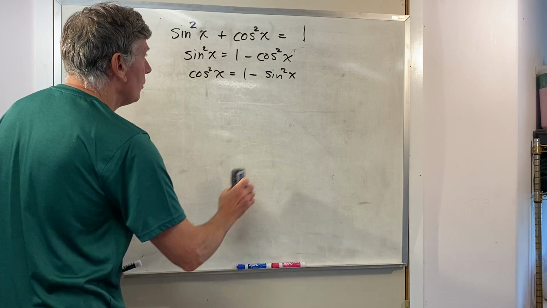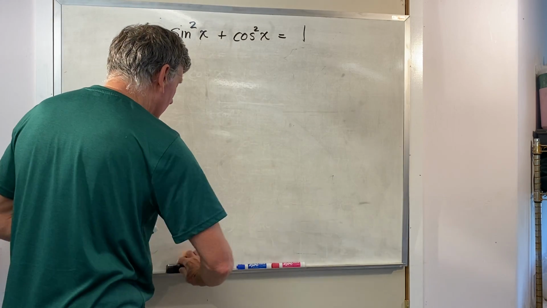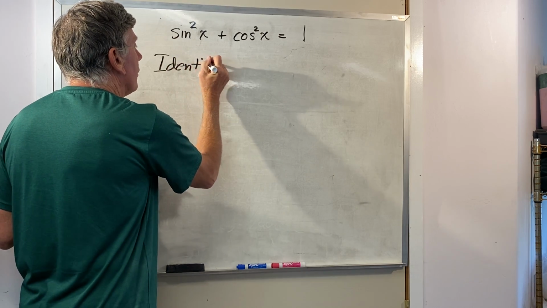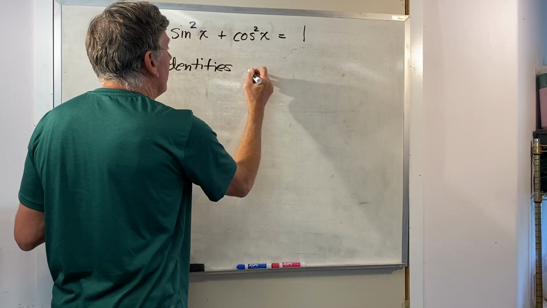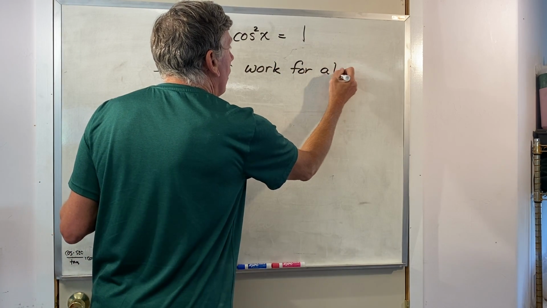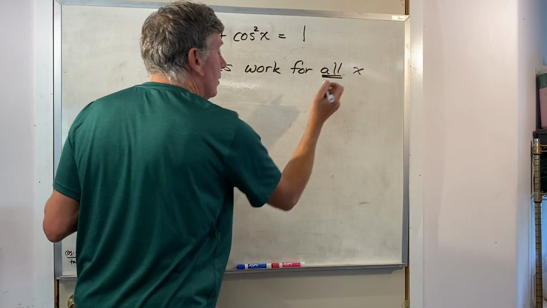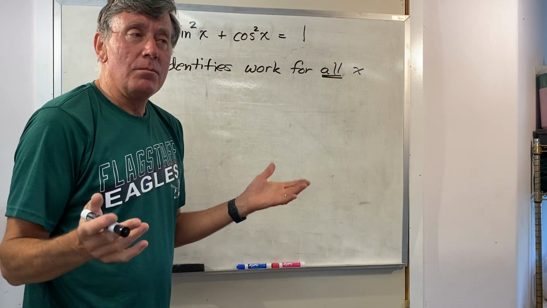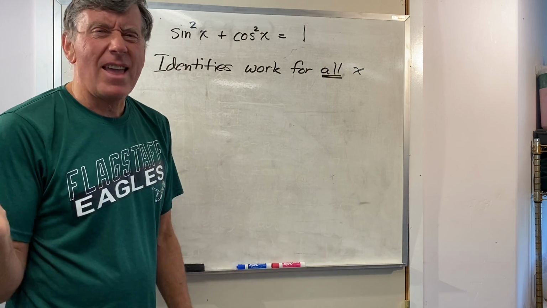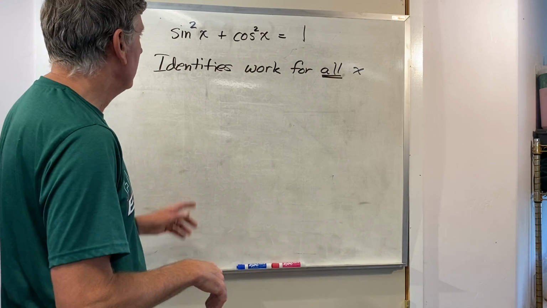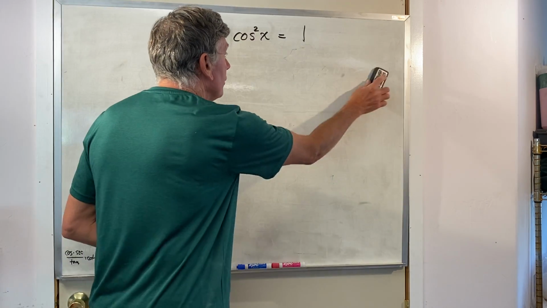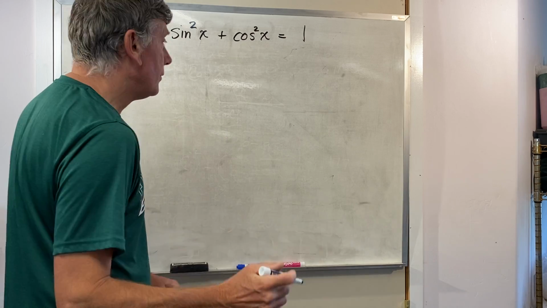But the thing to remember with identities is they're called that because they work for all x. We're not just solving for pi halves or 3 pi over 2 or something like that. Everything, it'll work for it. So, without further ado, let's do one.